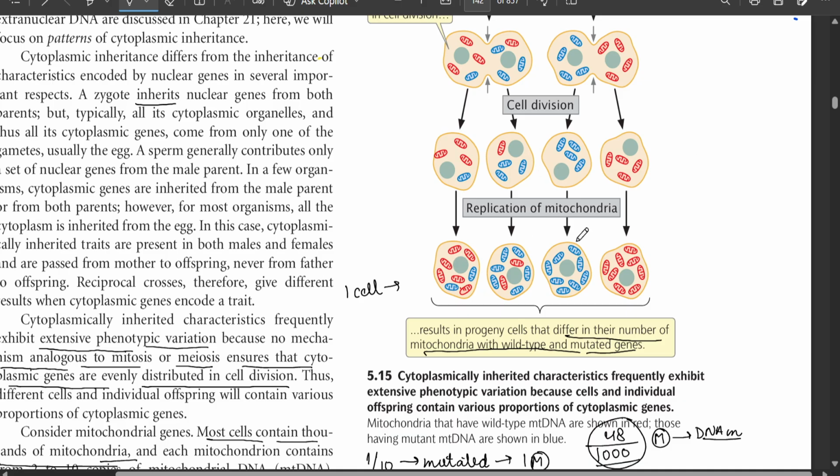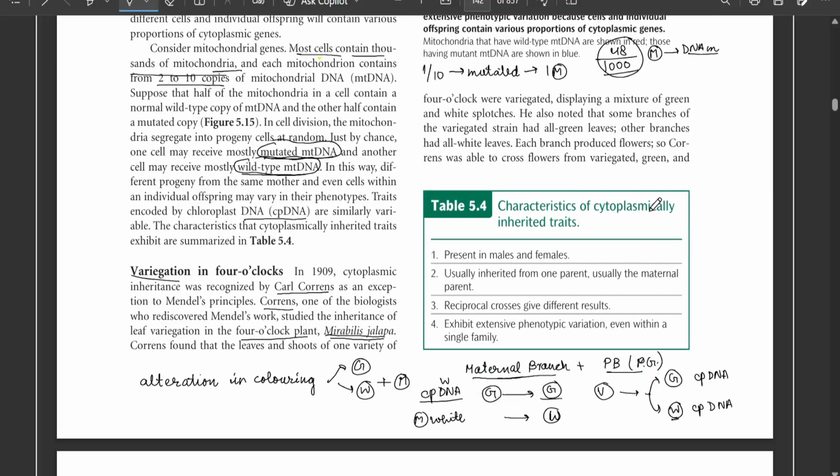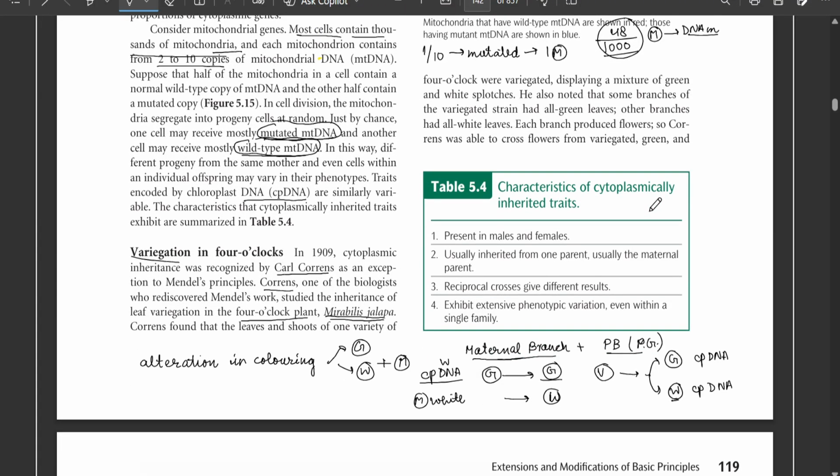Now this is what we talk about when we see cytoplasmic inheritance. There are some characteristics also. First of all, cytoplasmic inheritance can be present both in males and females. They will always be coming from the mother. The mother's cytoplasm will be giving them these traits. Secondly, they are inherited from one parent, that is usually the mother.